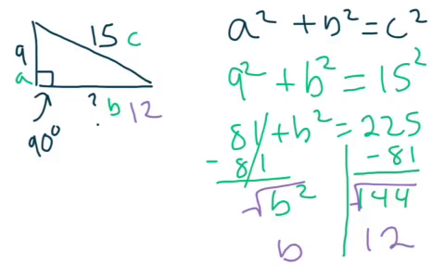Now you can also use the Pythagorean theorem not just if you are given specifically a right triangle. Let's say you're given a square, okay? And you're asked to figure out the diagonal of a square, and you're told that both sides are 1. It's a square, so the sides are the same.